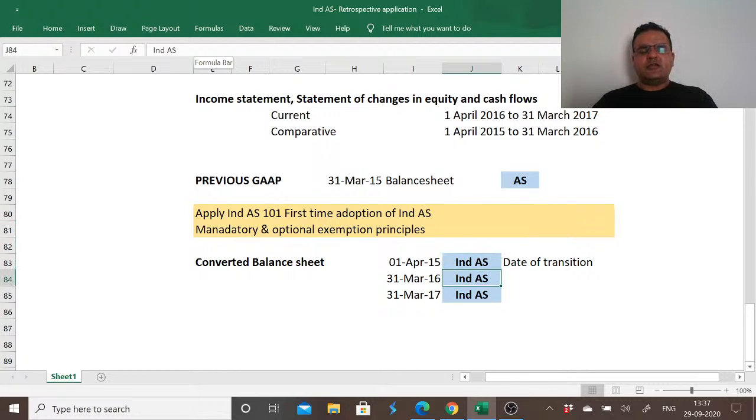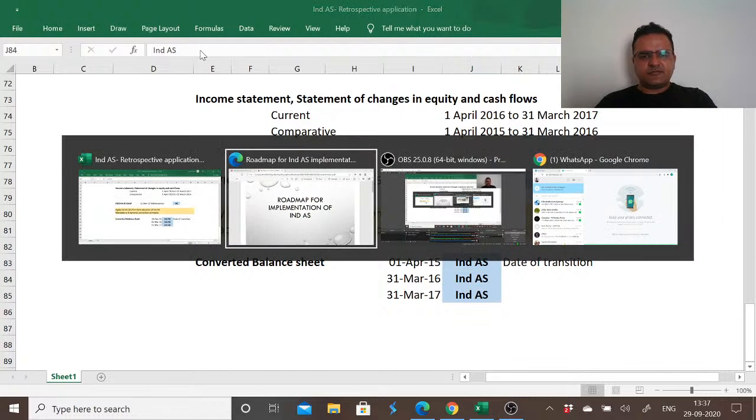So in the year 2017, the three balance sheets are published: the balance sheet of 31st March 17, the comparative balance sheet of 31st March 16, and the 1st April 2015 balance sheet. This is known as applying the effect retrospectively under Ind AS.